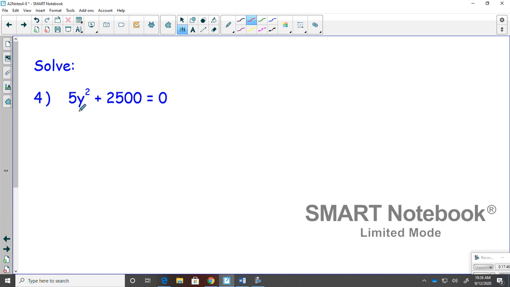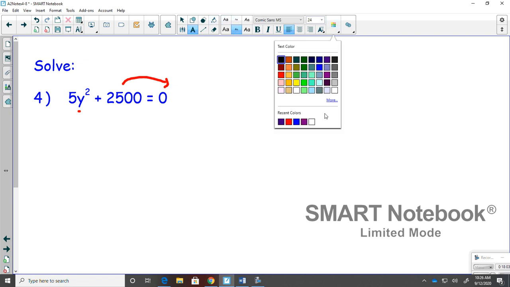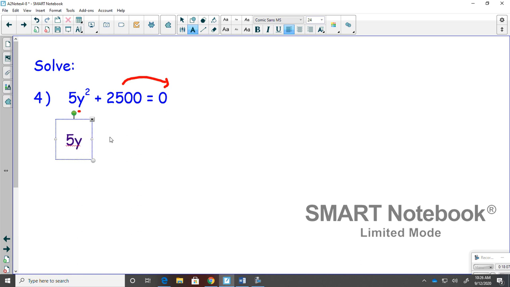So I'm trying to figure out a way to get this term by itself. First thing I'm going to do is move the 2500 across. So it's going to be 5y squared is equal to negative 2500.